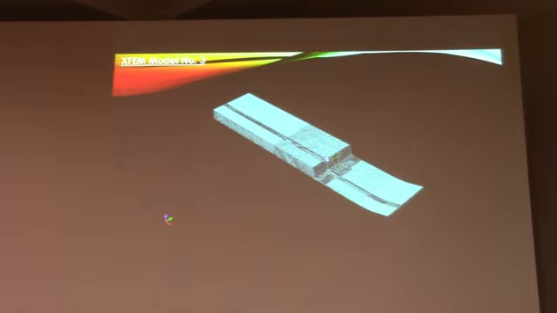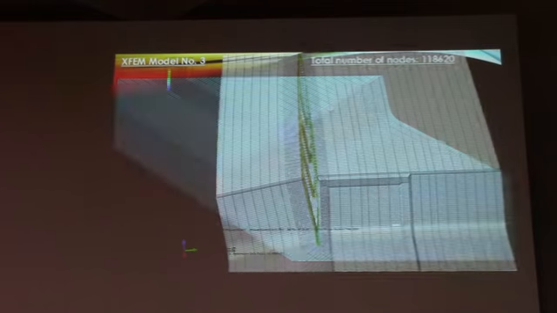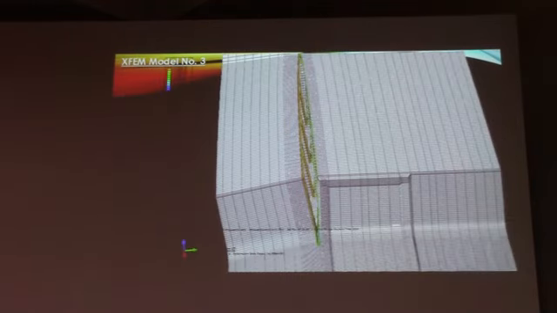So this model here will be about this patch. You can see it here, and in better view here. This ellipse here actually represents the crack as modeled in ANSYS. You can see the total number of nodes, and now you can see how the crack propagated. So all the way here and then down there.